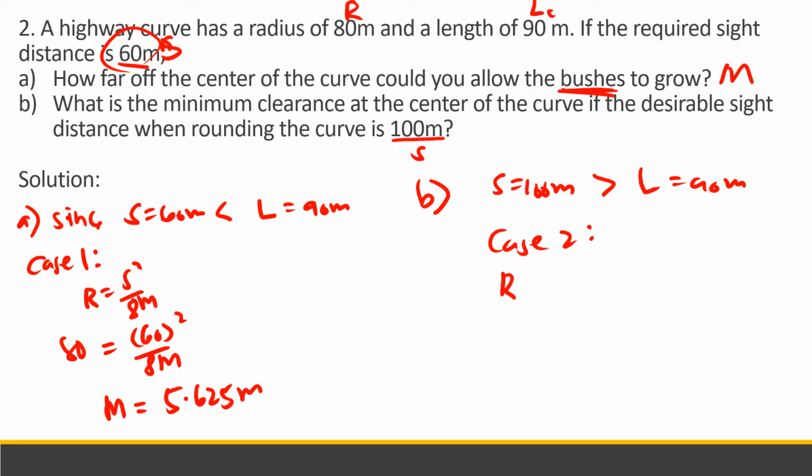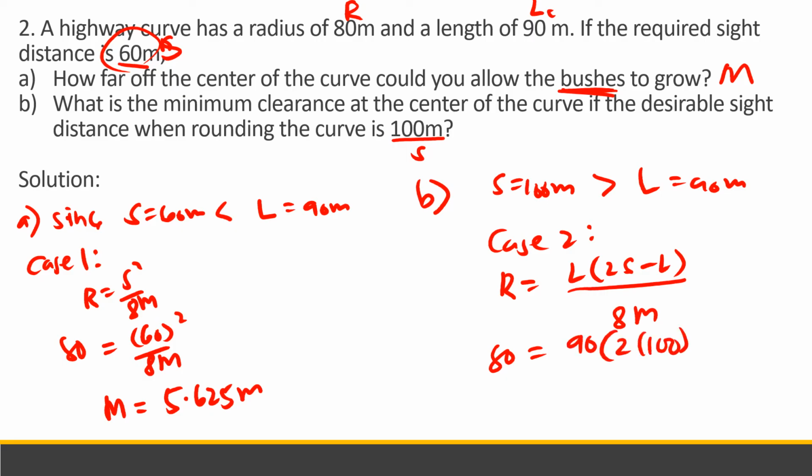So formula is R equals L times (2S minus L) over 8M. So the radius is 80, 90 meters times (2 times 100 minus 90) over 8M.